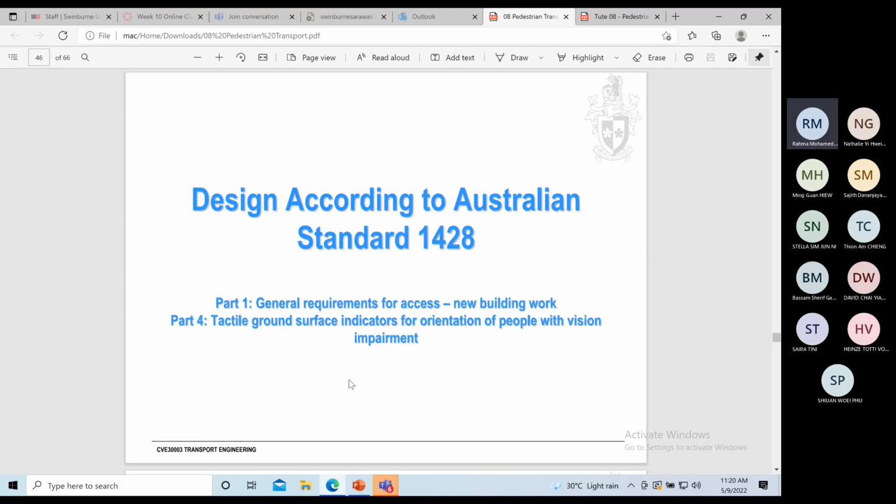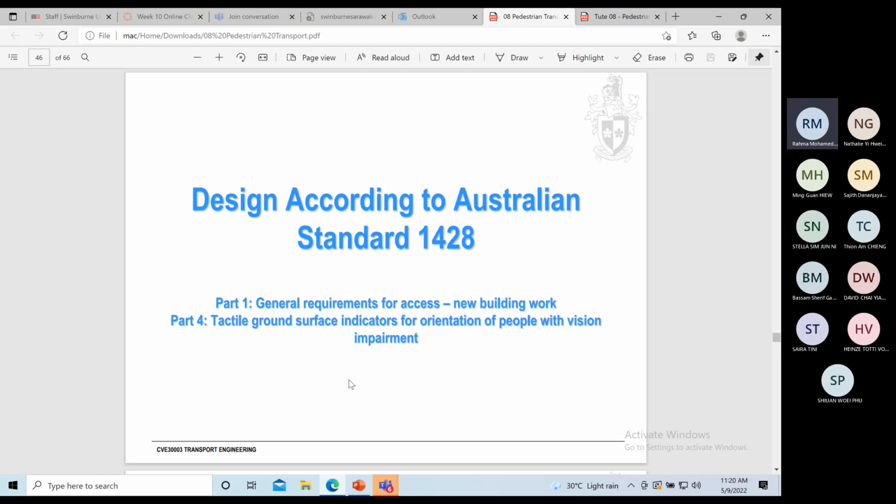So moving on, while catering for people with disability, we use Australian Standard 1428. It being a standard, we have to follow it strictly. I believe before this you have learned how to design roundabouts and signalized intersections. I believe for those you used guidelines.